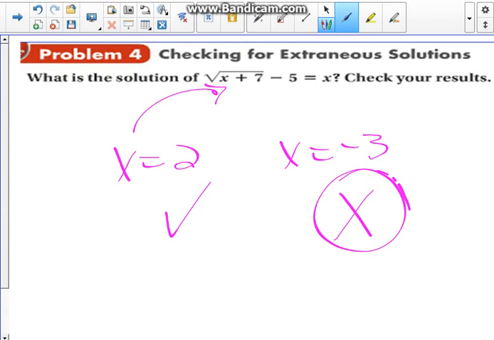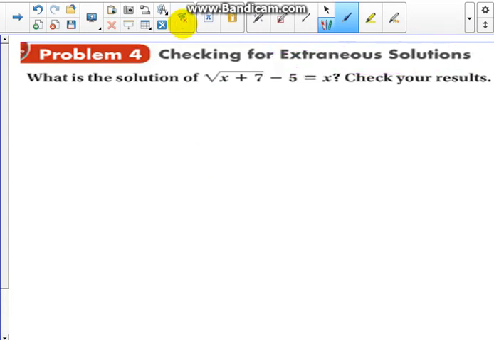But in any case, when you plug one of your solutions into the original equation and it comes back a false statement, then you call that an extraneous solution. Okay? So we have to check all of our work in this lesson, and if it comes out false, we don't include that in our solution set. We say that's an extraneous solution.